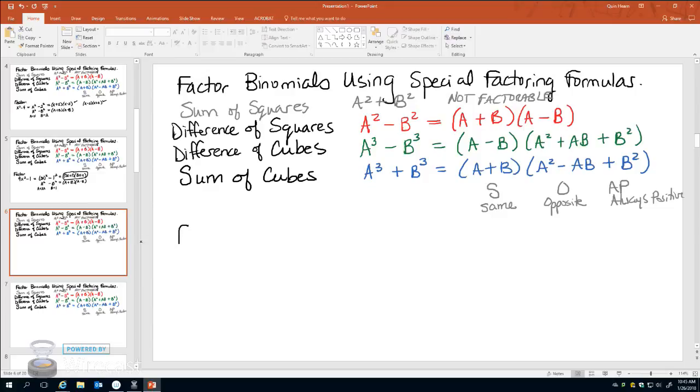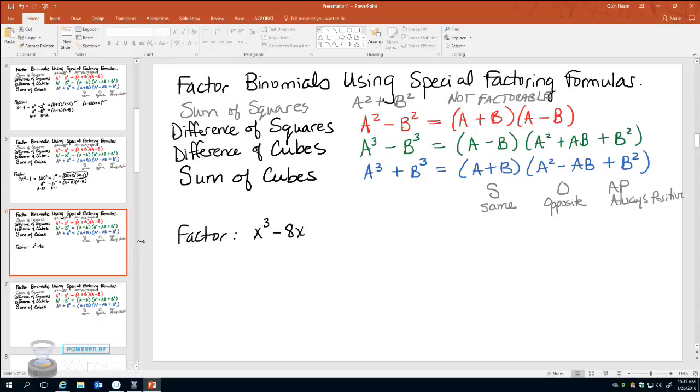Okay, so what if I asked you to factor and I gave you x cubed minus 8x. Okay, so a lot of times when students see the binomial, they're real gung-ho about matching it up to one of these patterns, and they see the third power on the x and they start trying to make it fit the a cubed minus b cubed.